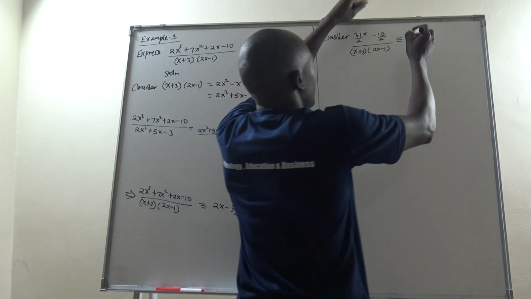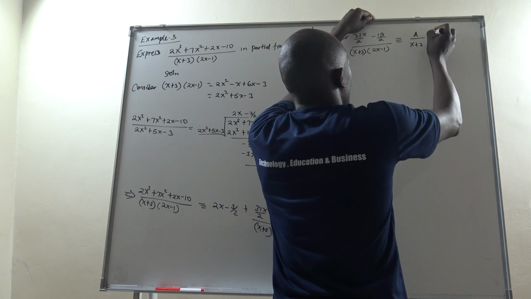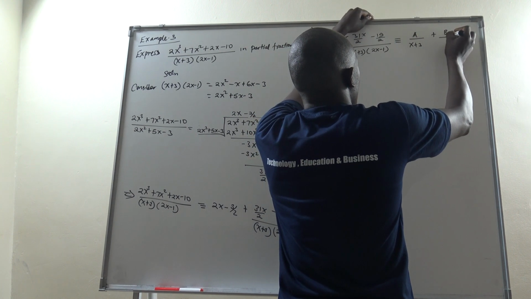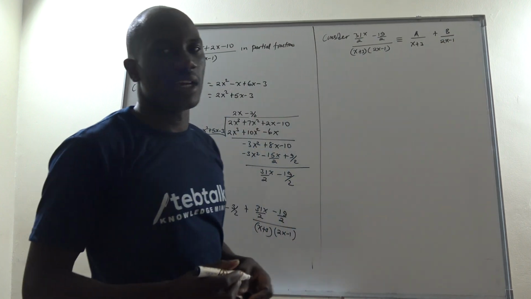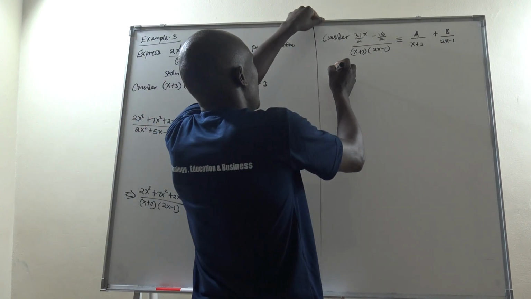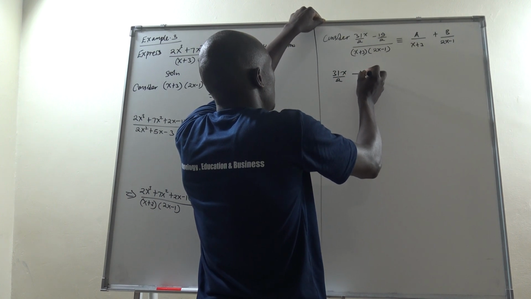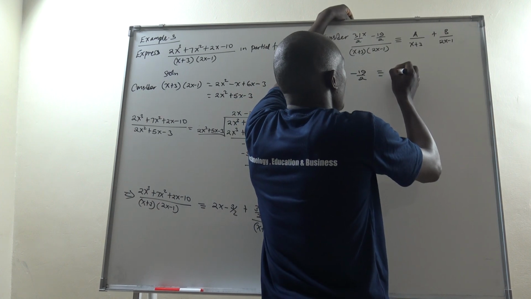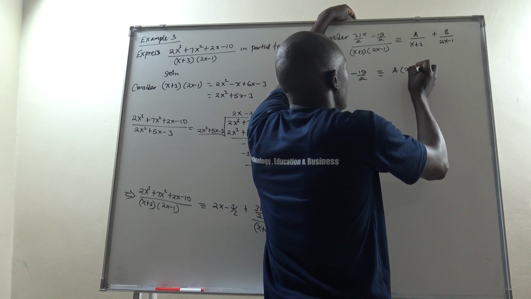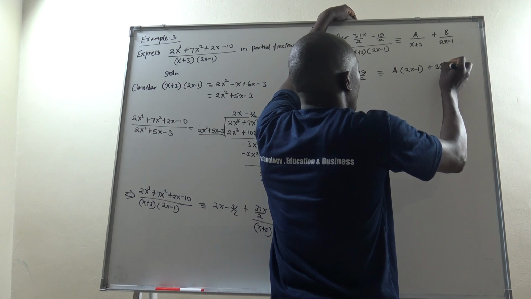We are going to have a out of x plus 3 plus b out of 2x minus 1. We go ahead and find the LCM as usual. So we have 31x out of 2 minus 19 out of 2 is the same as a into (2x minus 1) plus b into (x plus 3).